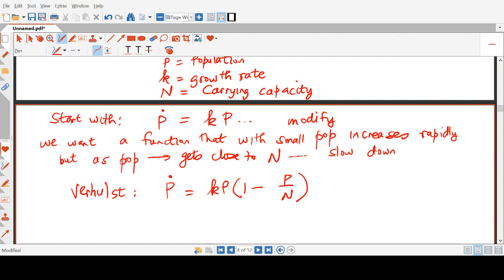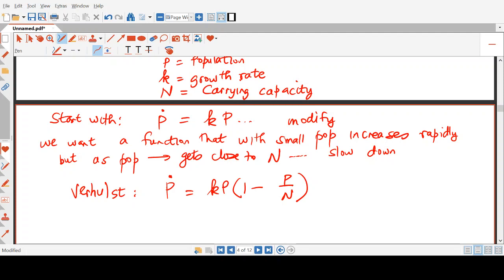So 49 million divided by 50 million, almost 1. In other words, you have like 1 minus 1, which is 0. Hence, the growth rate P dot is 0. That's right. When the competition is so fierce for food and stuff, the birth and death rate must be the same. So the number of people born and the number of people dying must be roughly equal, so that the food can last forever.